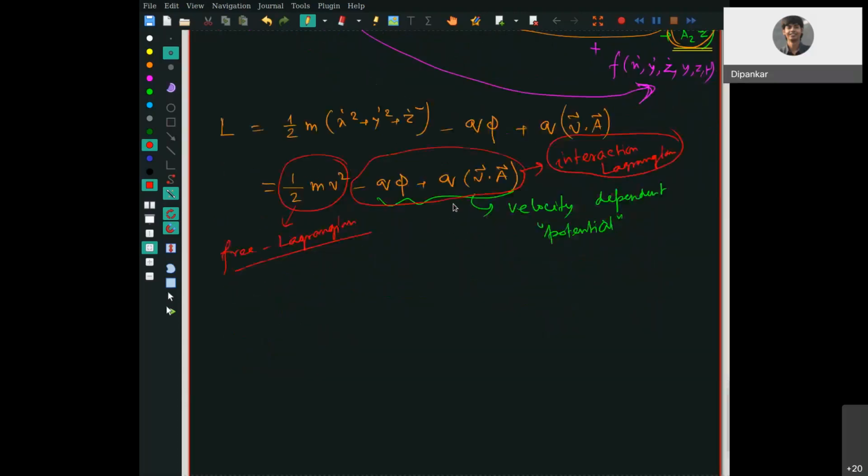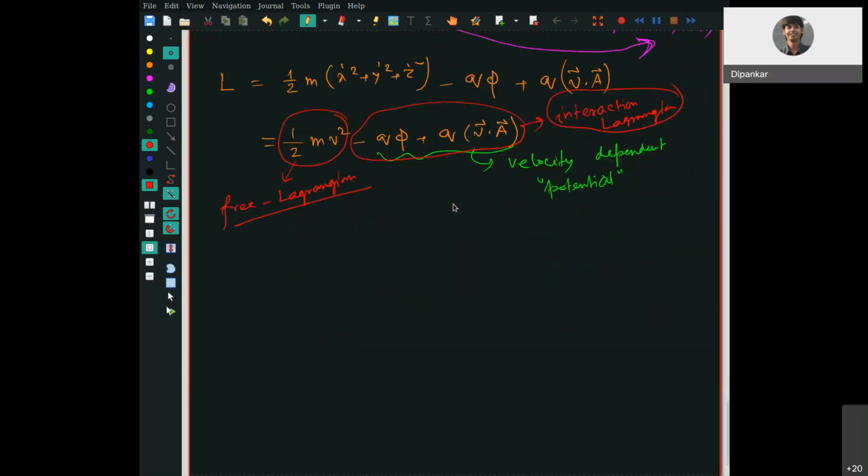First of all, I was talking about 4 vectors. The 4 vectors in the relativistic case would read like this.